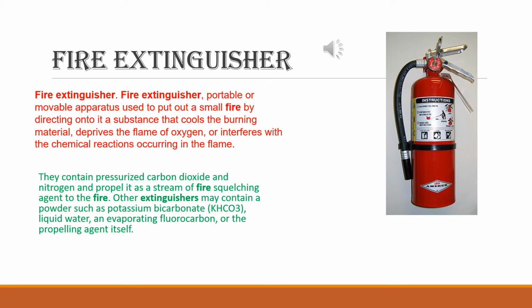They contain carbon dioxide and nitrogen and propel it as a stream of fire squelching agent. Other extinguishers may contain a powder such as potassium bicarbonate, that means KHCO3, liquid water and evaporating fluorocarbon or the propelling agent itself.